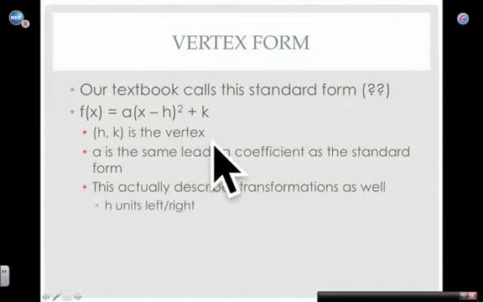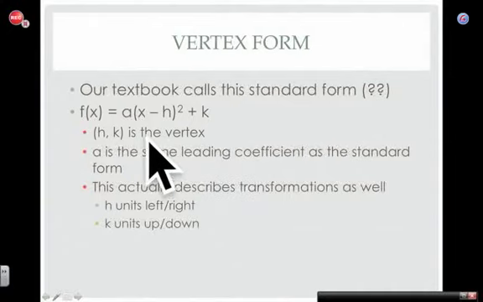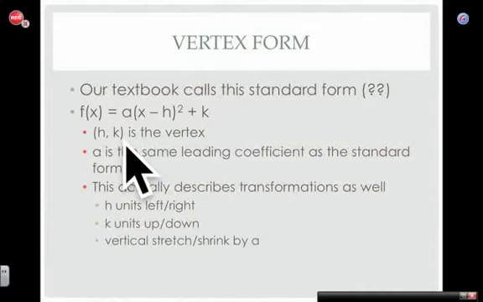The k is outside, which means it moves up or down k units. And then the a is being multiplied, which means it's a vertical stretch or shrink depending on the type of number. And if a is negative or positive, you already saw that a minute ago, it flips over the x-axis. It flips it upside down.